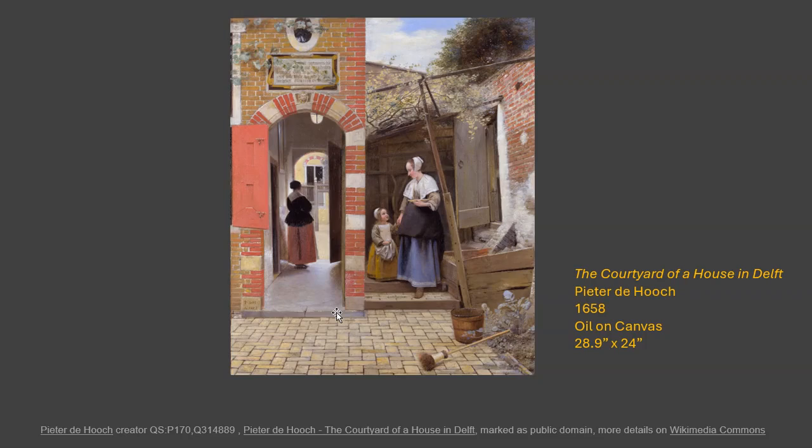So, unlike Italian painting of the same time, we're seeing fewer religious images in Dutch art, as in the example we're seeing here. The painting depicts daily domestic life of people, specifically of women in the city of Delft, and this is a scene of the contemporary life of the time.